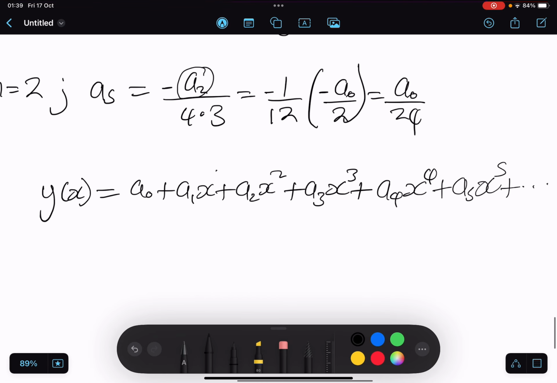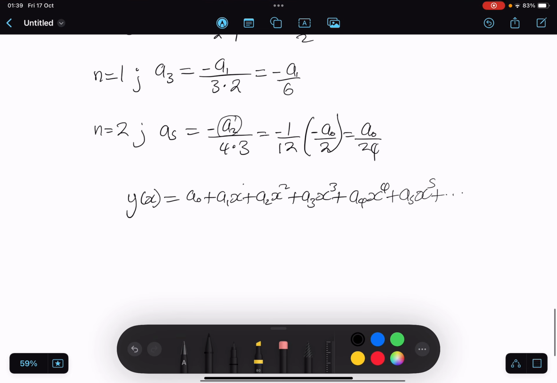So from here, now we have generated our coefficients using the recurrence relation, so we are going to substitute here. So y of x is equal to a naught plus a1x.